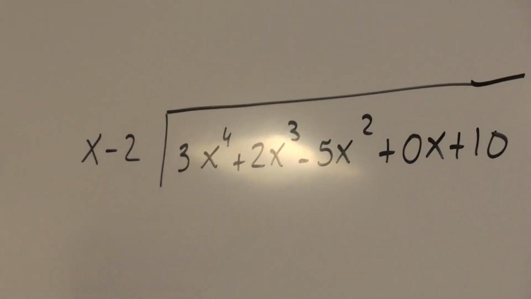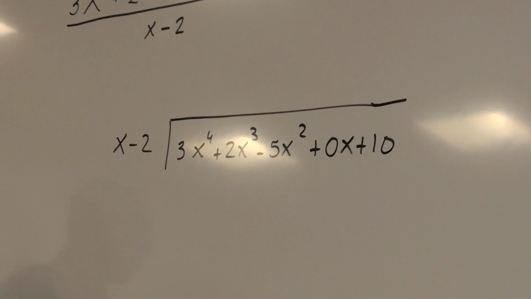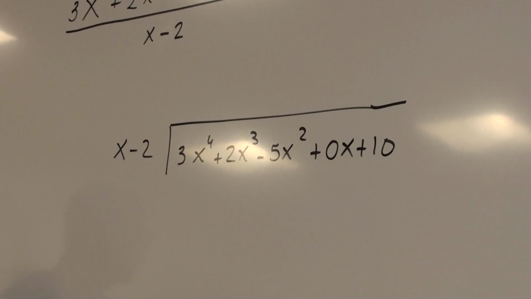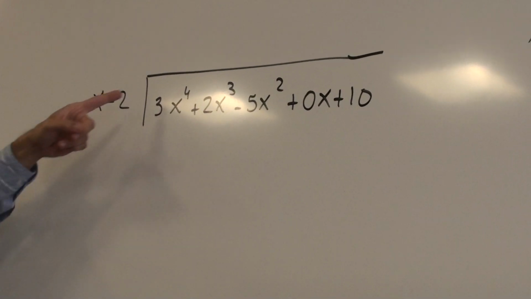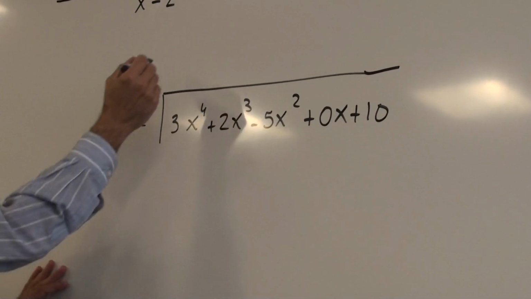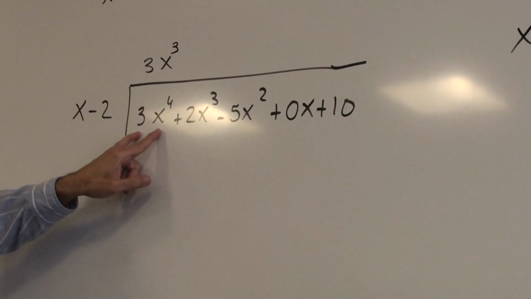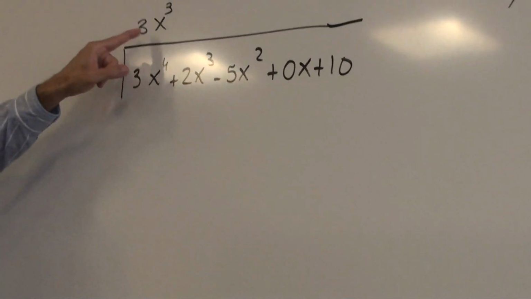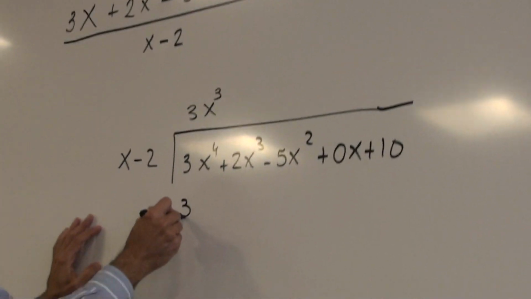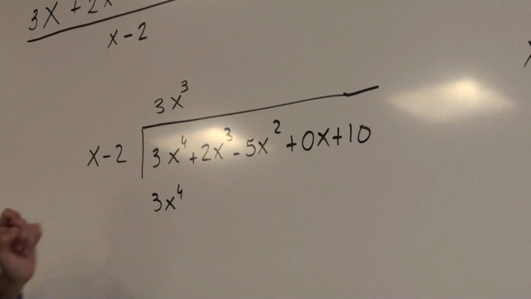What is the term that I'm going to put here now? What do you think? 3x to the third. Yeah, 3x to the third, exactly. We have to reproduce this, right? So this times x is going to be 3x to the fourth, because x times x cubed is x to the 4.